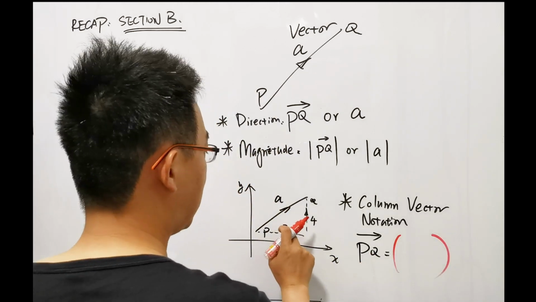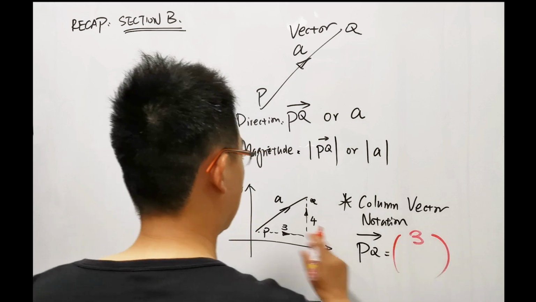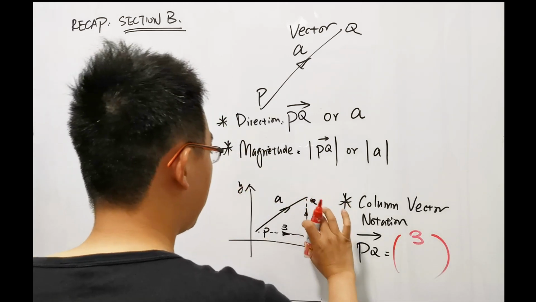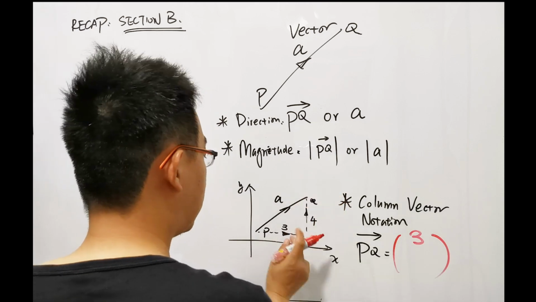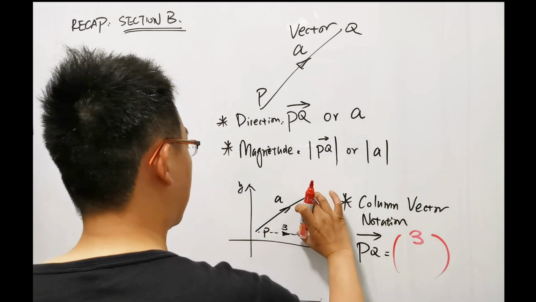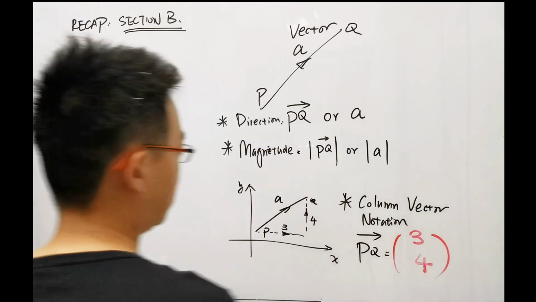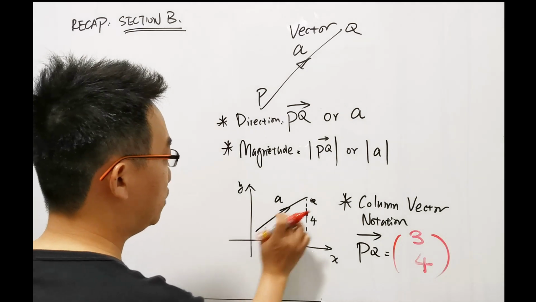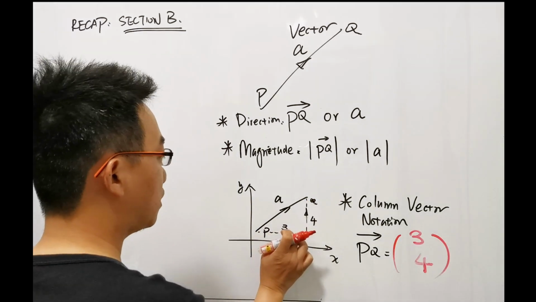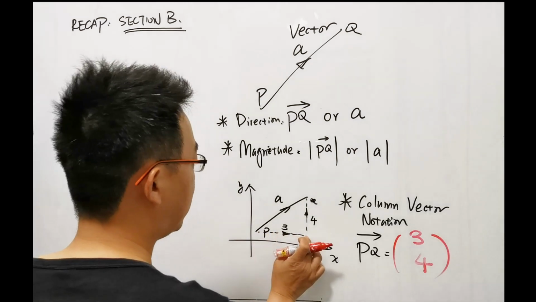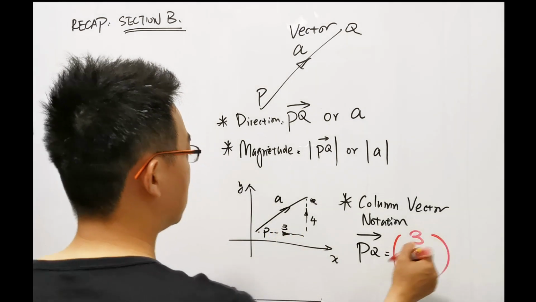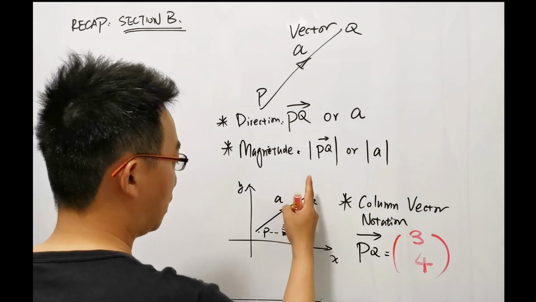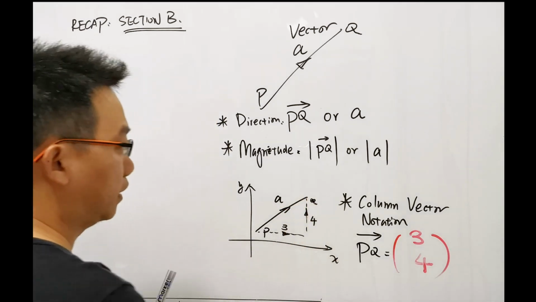The x component is always on top and the y component is always below. So this means from P to Q, there are 3 units of displacement to the right, and 4 units of displacement upwards.